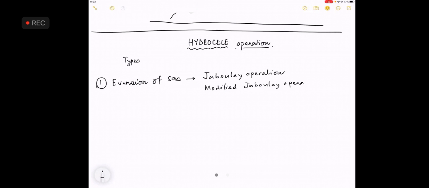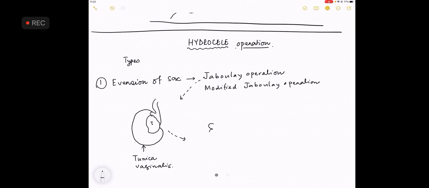Now, both of these operations, the basic idea in a Jaboulet's operation is the testis is covered by a layer that is called the tunica. The word tunica means a cover. Vaginal, the word vagina, means a blind-ended tube.